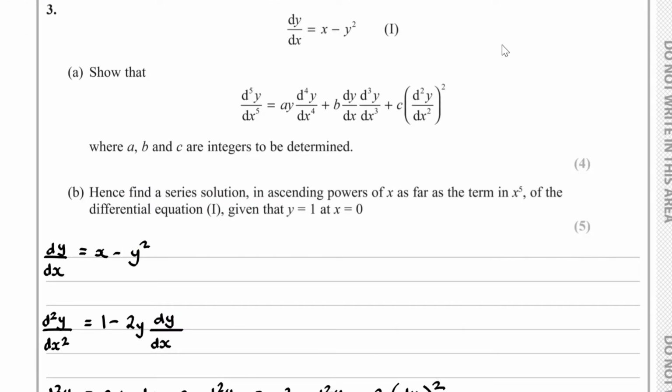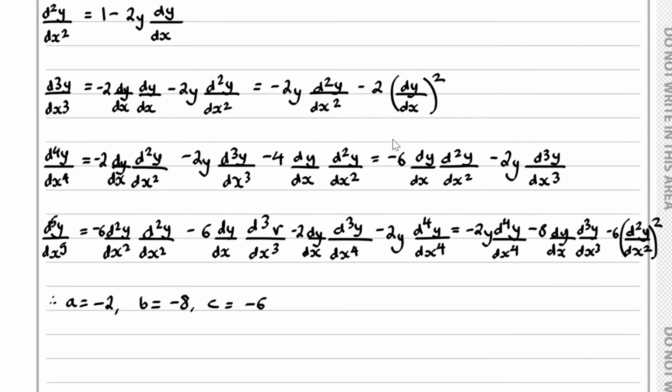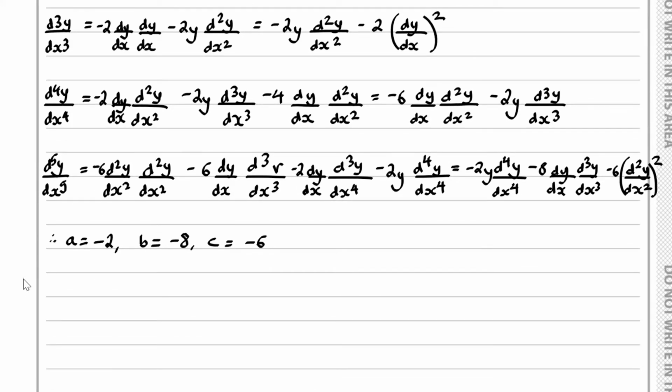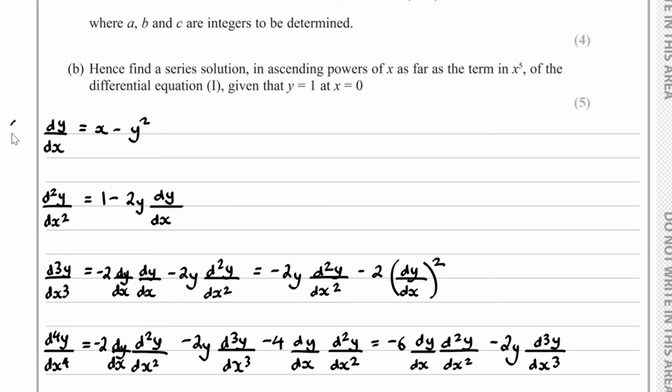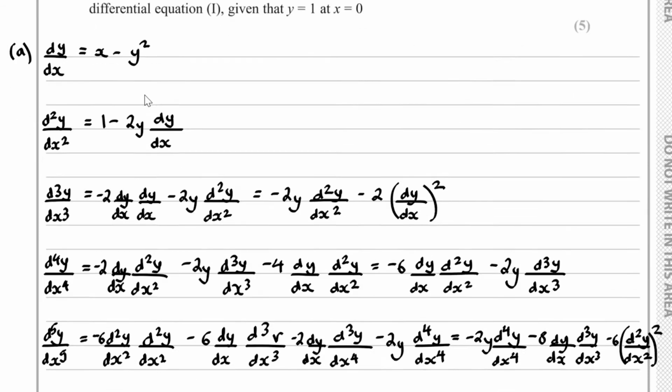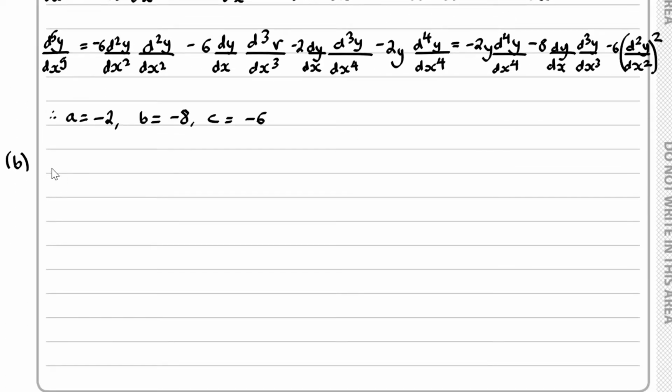So the first thing we need to do is work out all the derivatives at the point x equals 0. Well, to begin with, when x is equal to 0, you'll see that y is equal to 1. We were told that in the question.